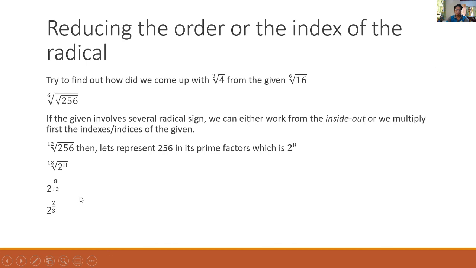Pag nandito na, what are we going to do? Convert this back to radical. Ito yung index sa baba. Ayun, cube. Then 2, ito yung exponent square. And after that, simplify natin loob. Wala nang perfect root. Yung dun sa unahan nating definition kung paano malalamang simplest form na siya ng radical.